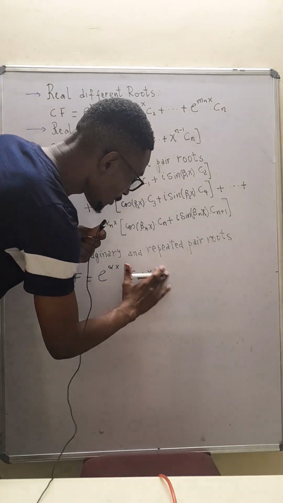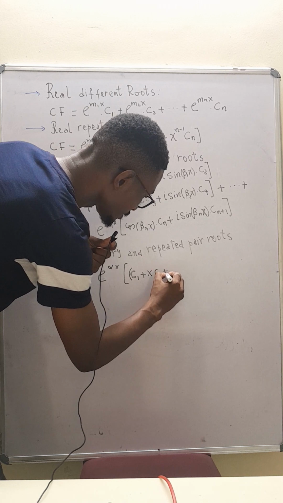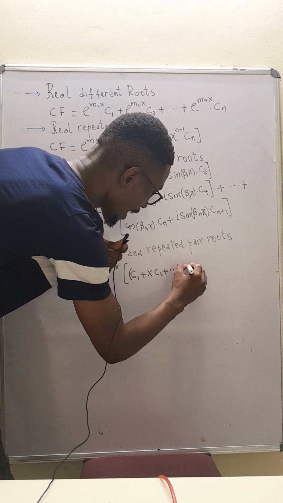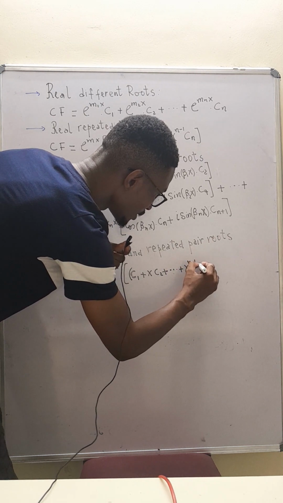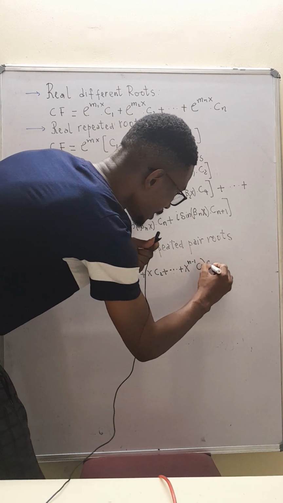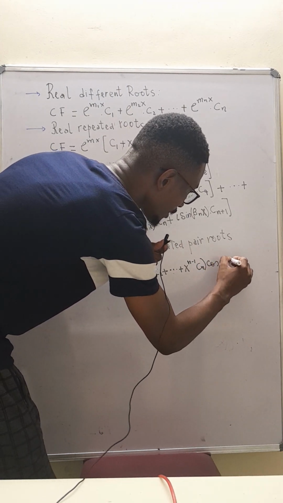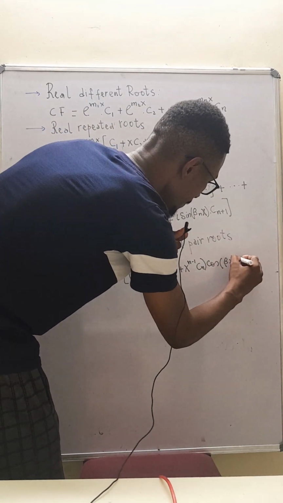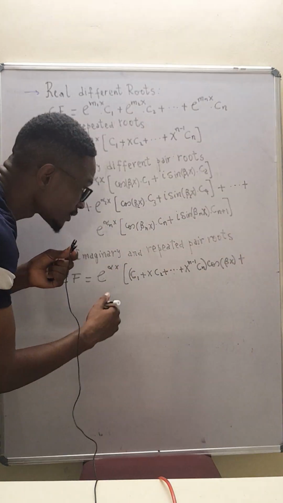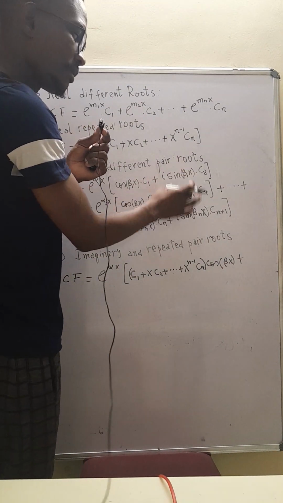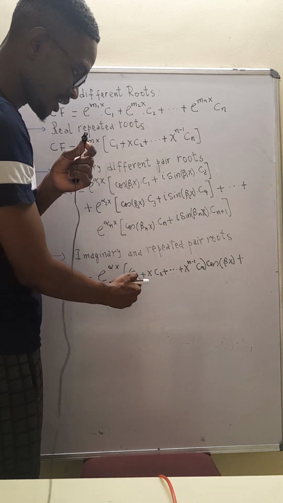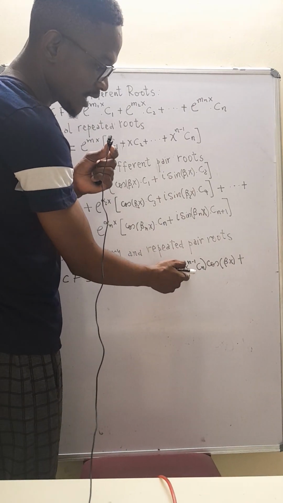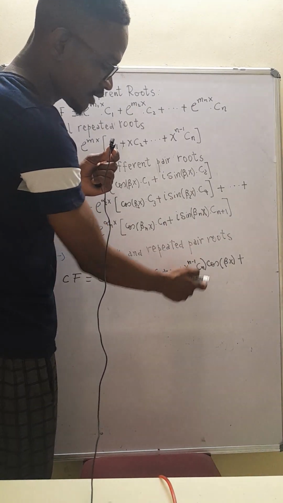Now imagine if it is for infinite roots. So it will be plus x raised to n minus 1 Cn times cos beta x, then plus the second term for sine, it will be the same. Here we ended like C1 plus x C2 plus infinite sum, then plus x raised to n minus 1 times Cn.